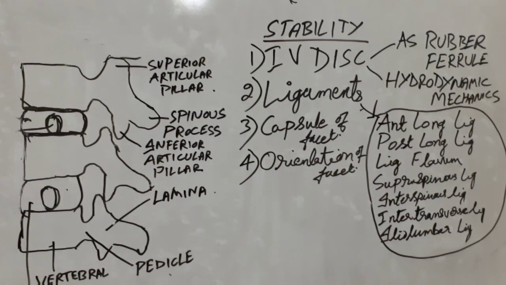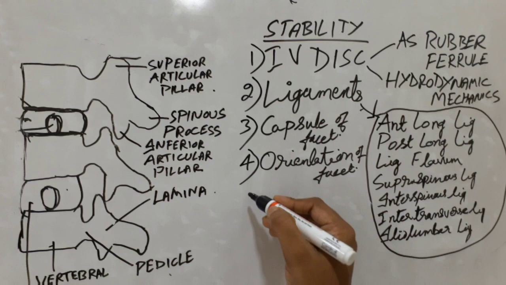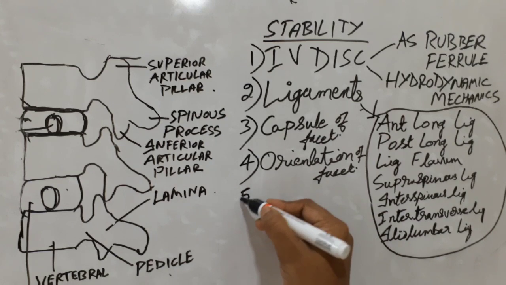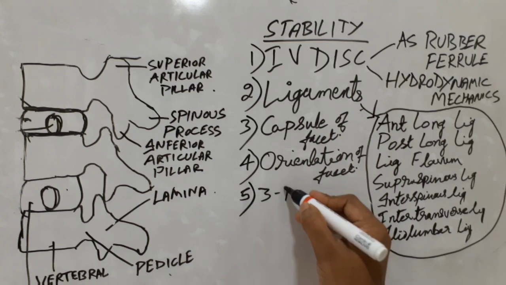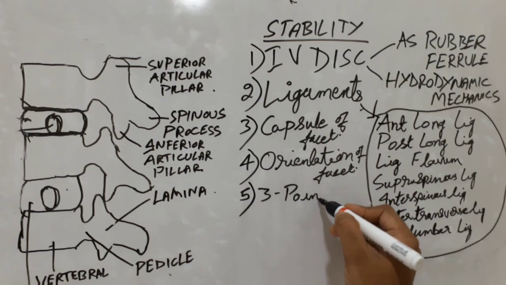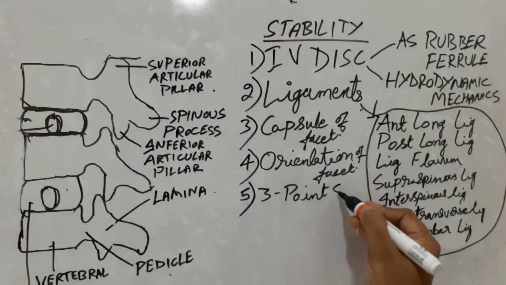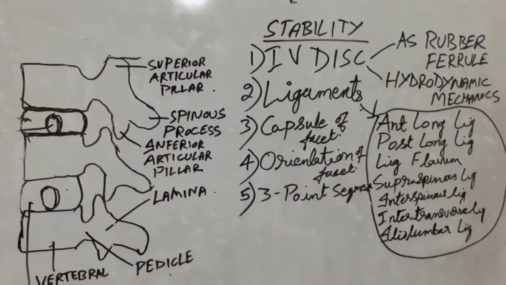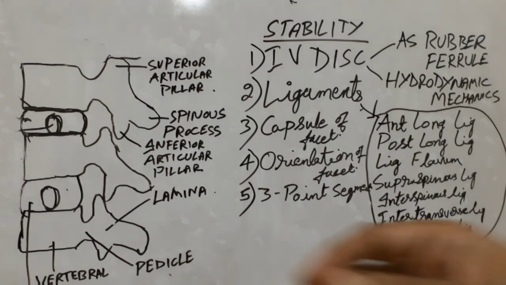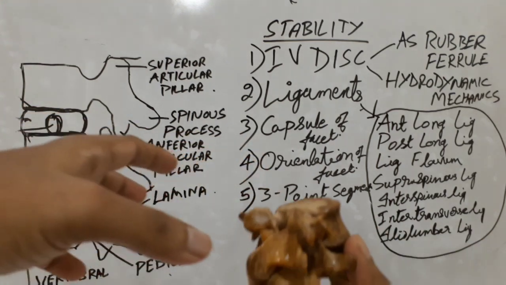And now the fifth point is the 3-point segment. So what is this 3-point segment? You can see the vertebra.